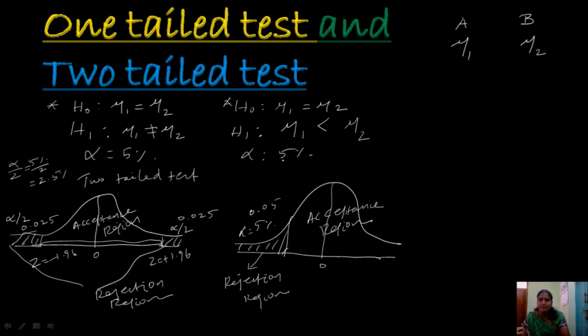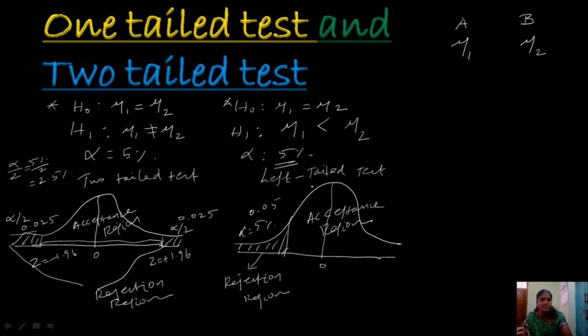Actually, the table value of Z at 5% level of significance for this falls in the left side, that means the critical region here falls in the left side tail of a normal curve. So I have to say this is a left tail test. The rejection region falls in the left side of the normal curve.